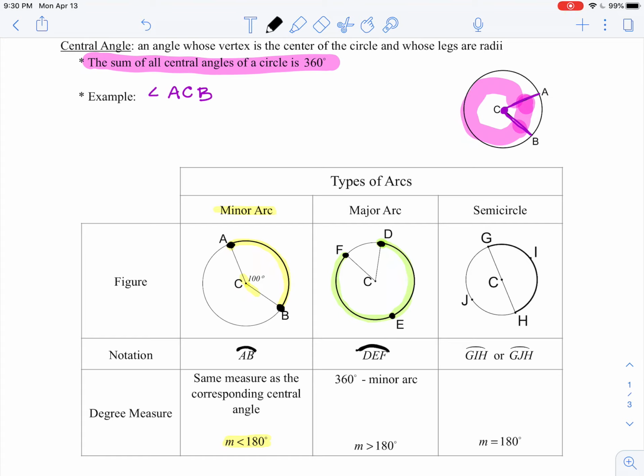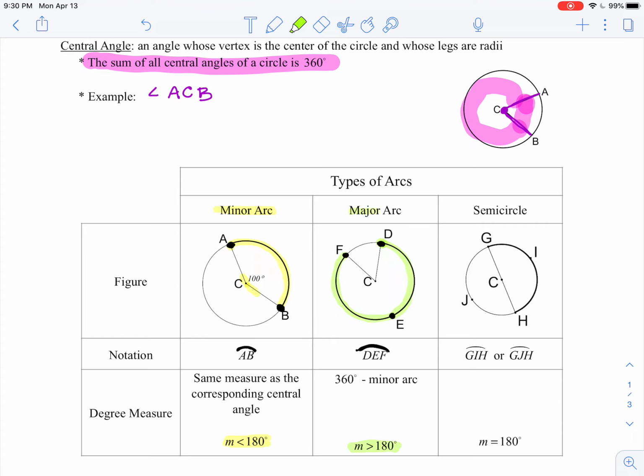So I called this one arc DEF. Starting at D, name any letter it passes through, and then the ending point. This could also be called arc FED. It does not matter which direction you go in. And again, this is a major arc. Its measure is bigger than half of the circle.